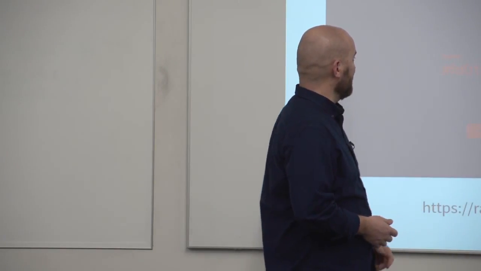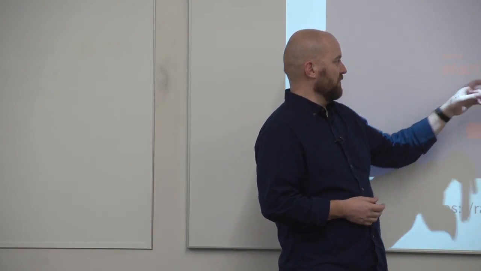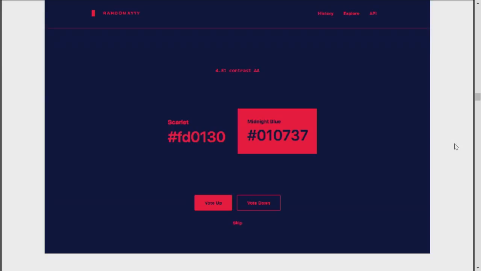This doesn't look accessible on our projector, but this orange color and the black color has a 4.81 to 1 ratio. So any combination, whether it's the blue on orange or the orange on blue, is an accessible color combination.